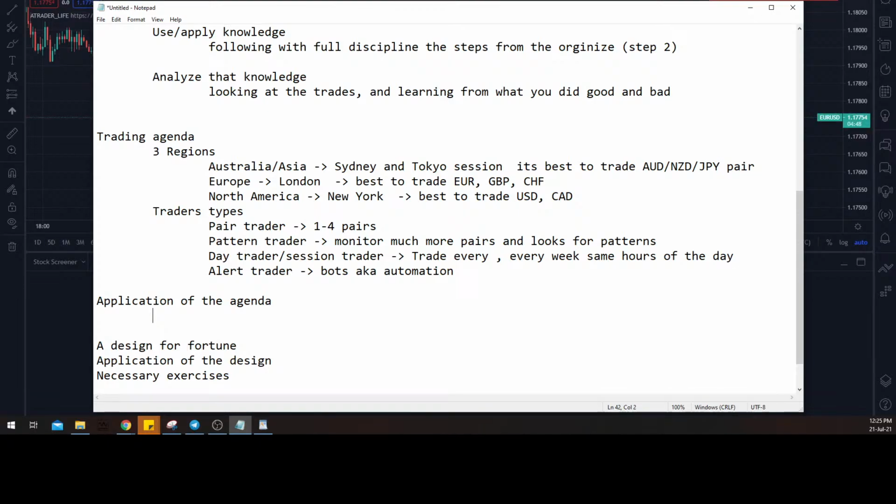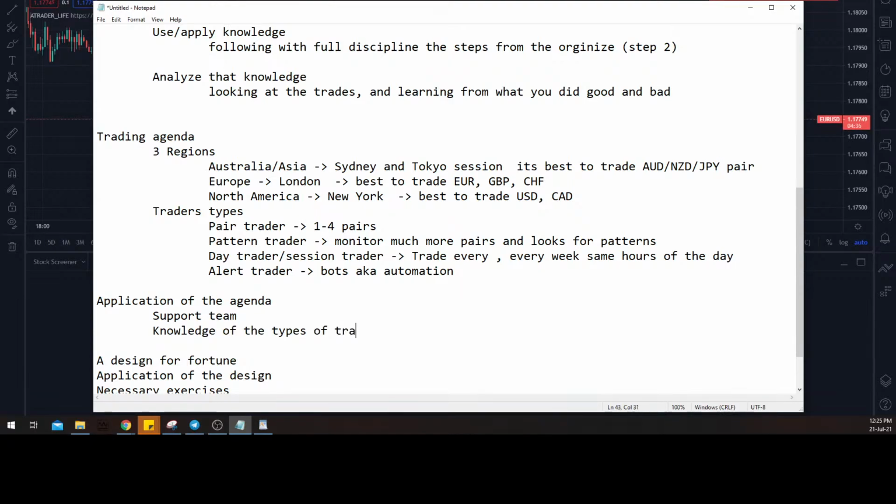For the trading agenda, you are going to need a support team, knowledge of the types of traders, session times, and best pairs to trade, which is this part from here. And lastly, we will have the accountability.